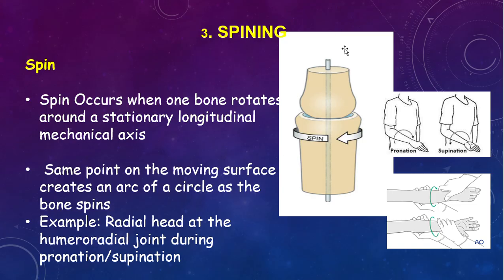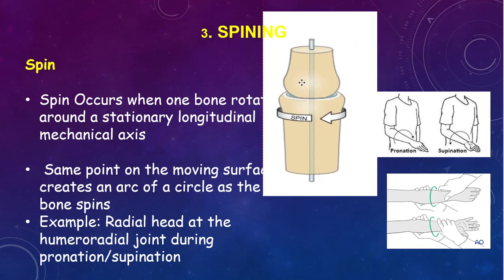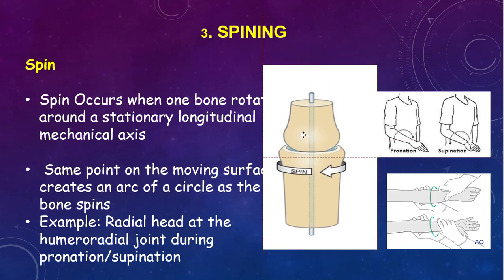Now, spinning occurs, if you just look at this diagram on my slide, you're going to see this spinning. You see two bones there, right? The top bone is the stable bone. It's not moving. The lower bone is the moving bone, and it's rotating about the longitudinal axis of the stable bone, and that defines spinning.